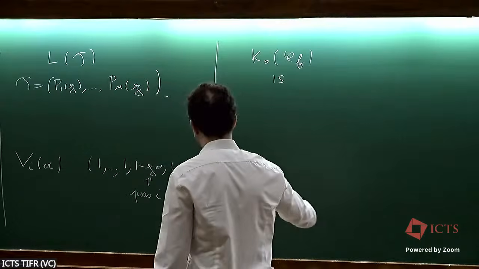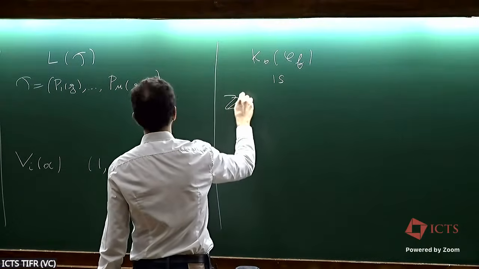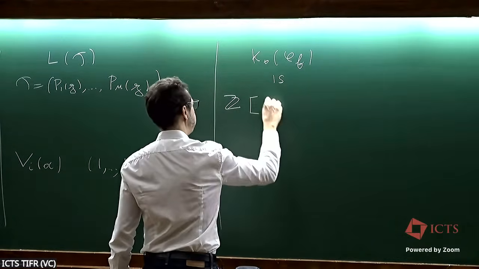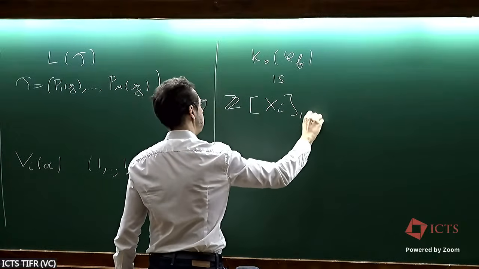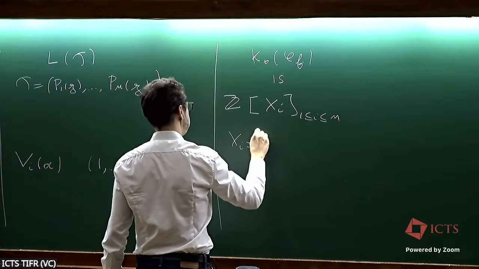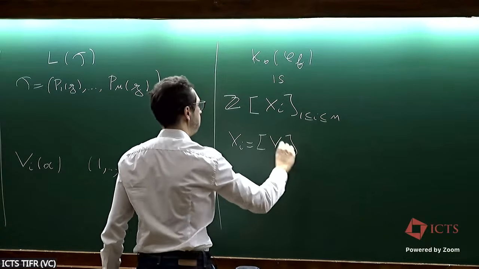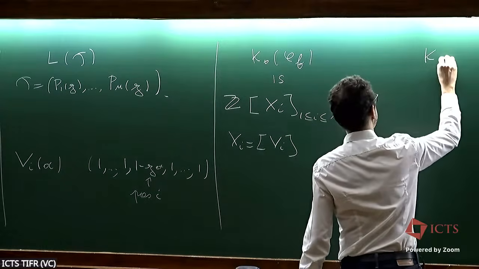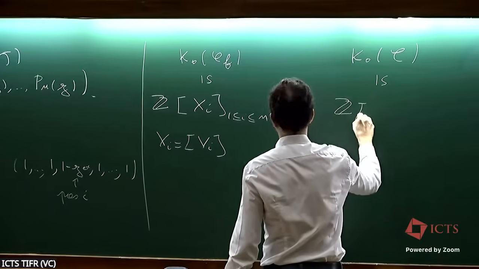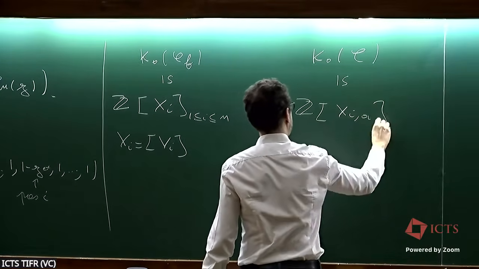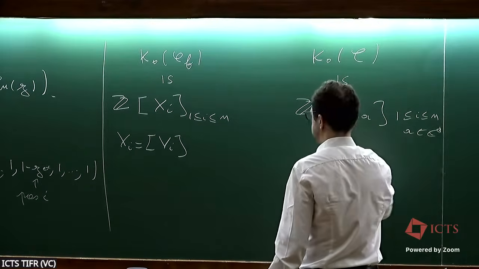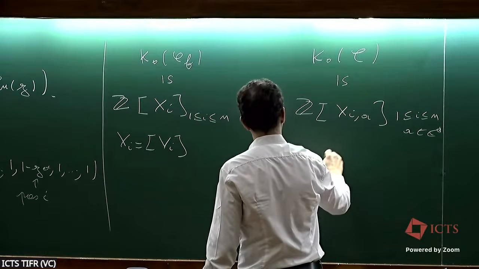So this one is a polynomial ring in these classes, where X_i is the class of V_i. And this one is larger, and X_{i,a} is the class of this fundamental module.